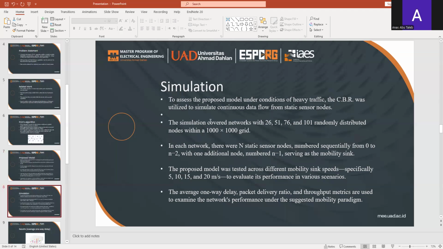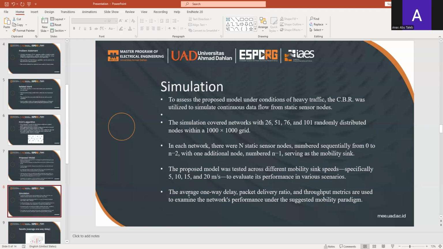The simulation covered networks with different sizes: 26, 51, 76, 101 randomly distributed nodes in a 1000 by 1000 grid in order to test the performance of the mobility model under different densities and network sizes and under different speeds. As you can see, the speed of the mobile sink was varied from 5 to 20 meters per second.